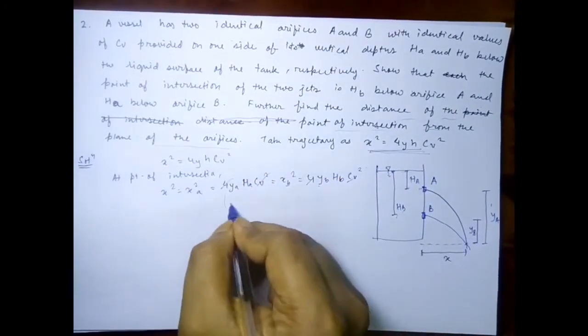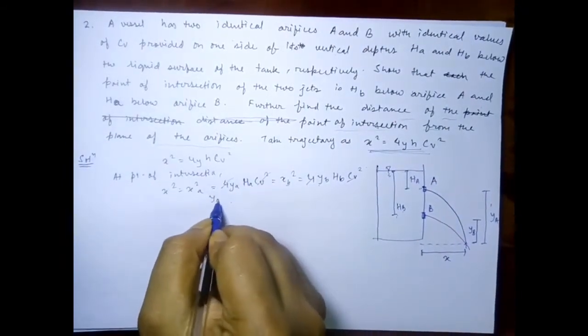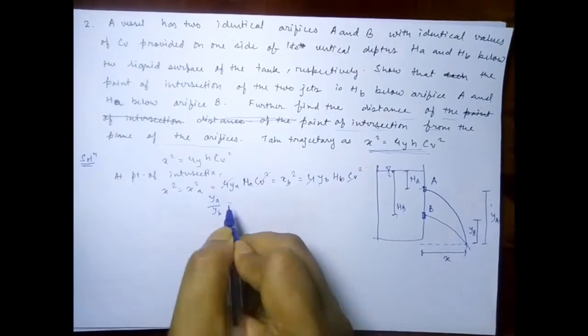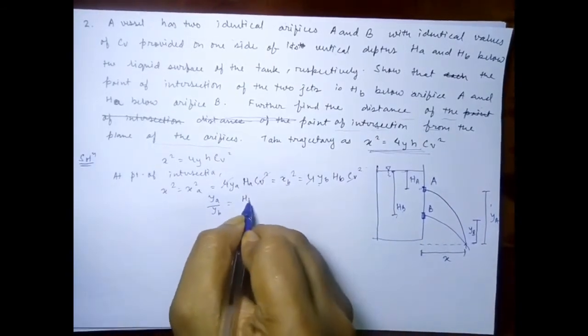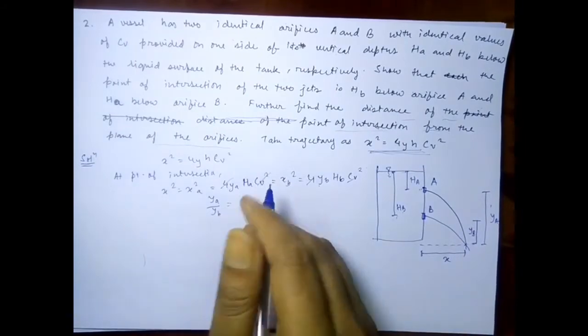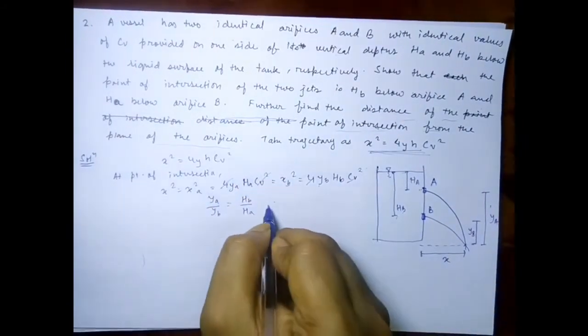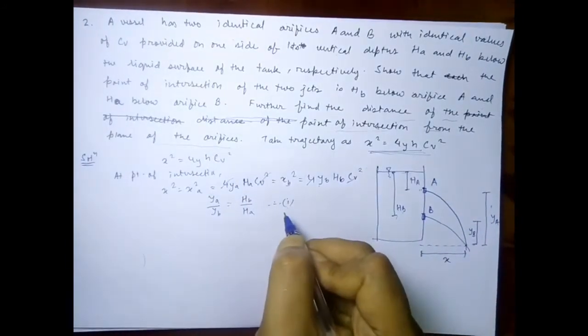So taking yb on this side and ha on this side, we can say that ya upon yb is equal to hb upon ha. Let us take this as equation 1.